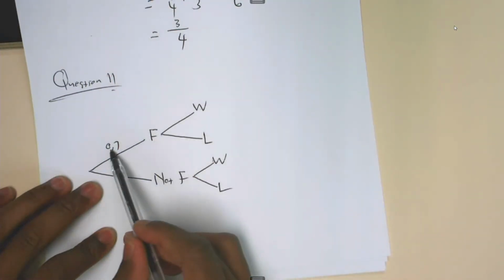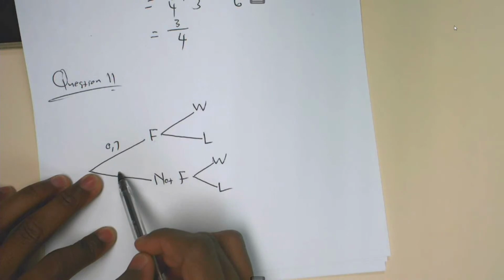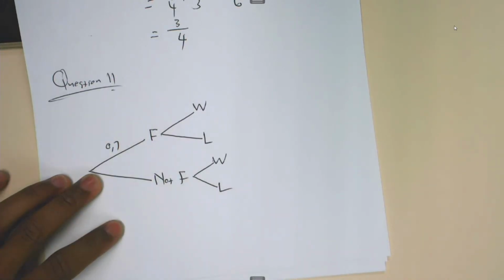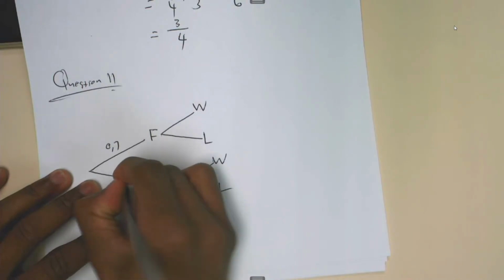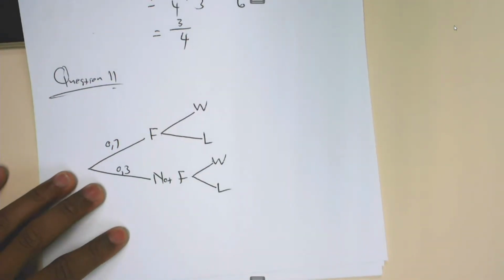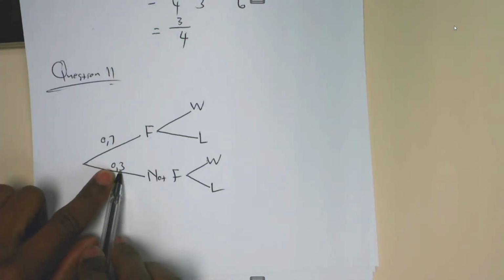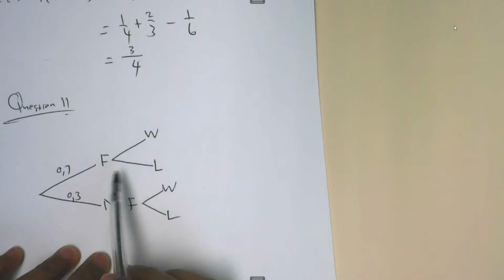So if you subtract 0.7 from 1, you'll get 0.3, even though it was not explicitly stated to us. Be careful about that. Right, let's move on.